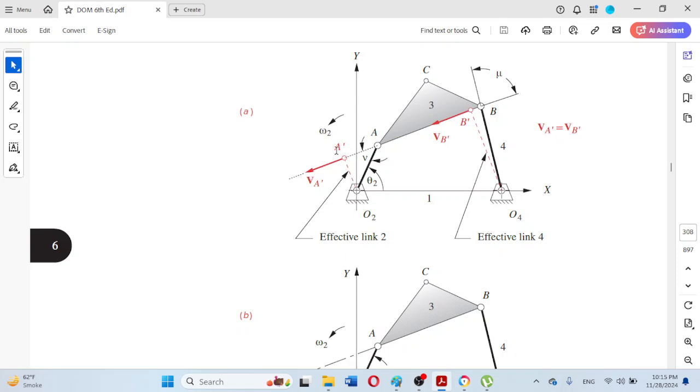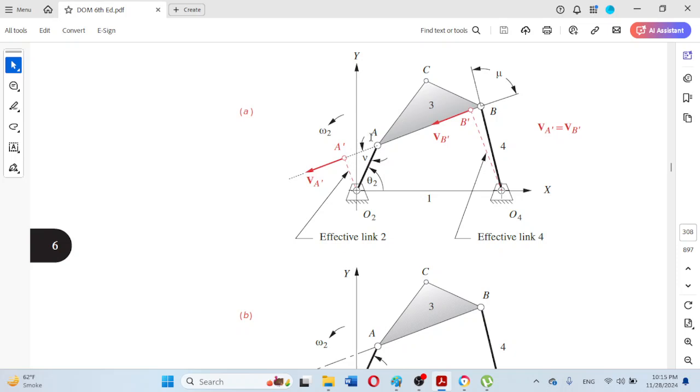The effective link contributes to the angular velocity ratio. The physical orientation of the actual link doesn't matter, but this effective link matters in the angular velocity ratio. This effective link can be calculated in terms of the physical link.